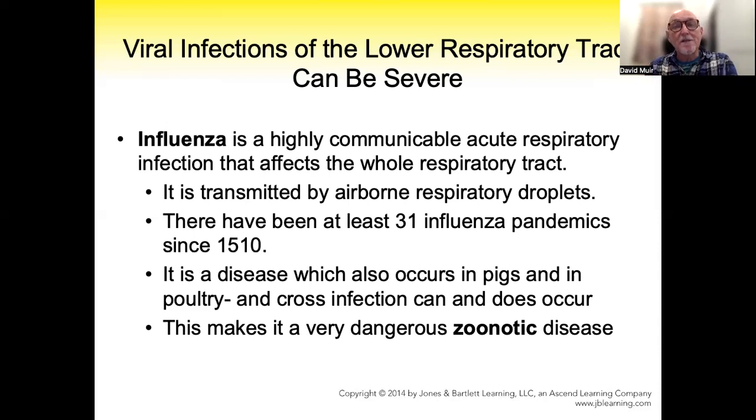It's been recorded since about 1510 in a recognizable description of the symptoms. It may have occurred before 1510, but not being recognized as an illness. But we can see the signs and symptoms described as early as 1510.